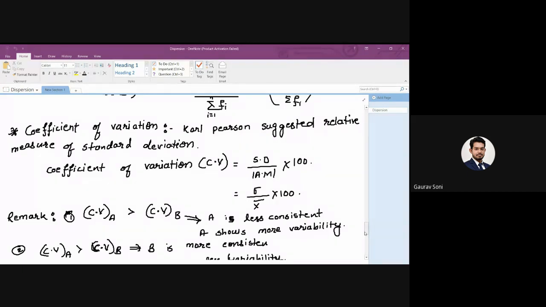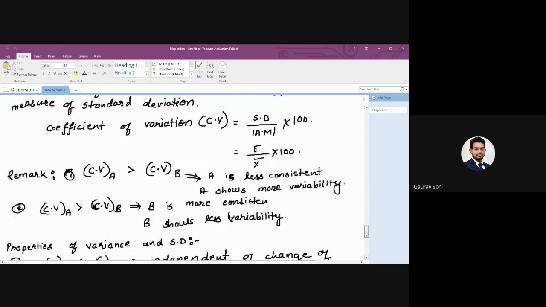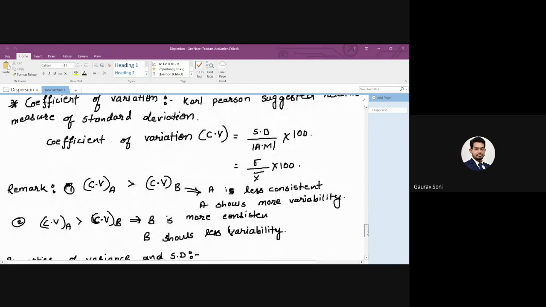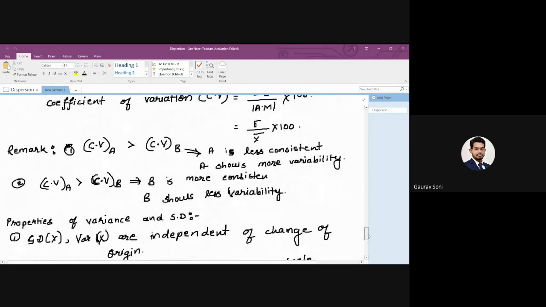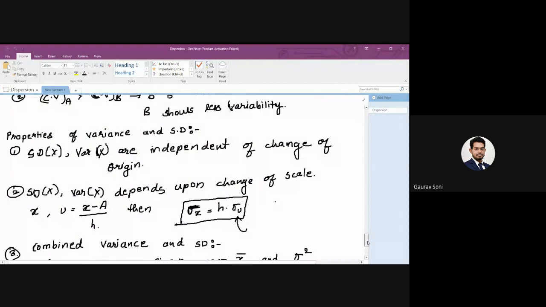For that purpose, we define Karl Pearson's coefficient of variation, and the coefficient of variation is given by the standard deviation upon the arithmetic mean into 100. So whichever has more value or more percent will show more variability, and whichever has less coefficient of variation will give us more consistency.